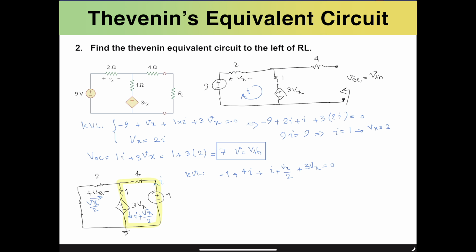So the second equation in this case can be with respect to the condition that we have here on the left side. So we can also make use of another KVL, and this time the KVL can be through this larger loop.